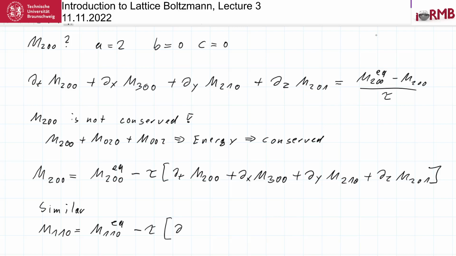And now comes the left-hand side of this equation, where again we have the moment itself, and then we have the spatial derivative in x, with the first index counted up by 1, then the spatial derivative in y with the second index counted up by 1, plus the derivative in z with the third index counted up by 1.